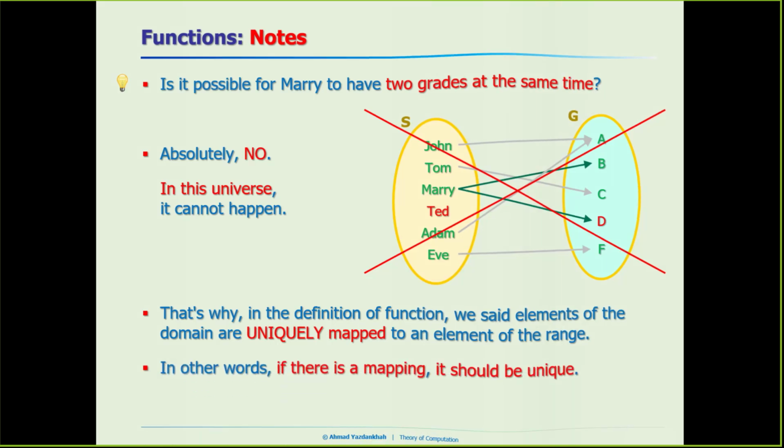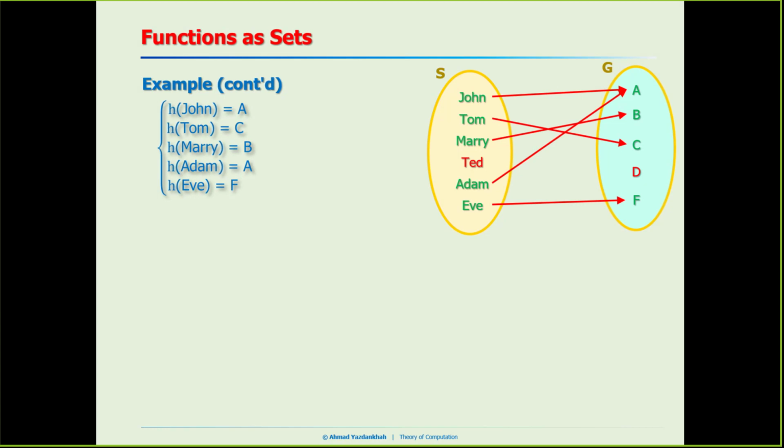Okay. Now we want to look at the function from a different angle. The question is, we learned that this is an algebraic notation of this function. Can I use a set to define this? What does it mean? For example, if I say, okay, John is A, so there is a relationship between John and A. So I can represent this relationship with the ordered pair.